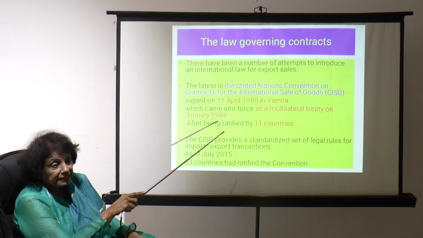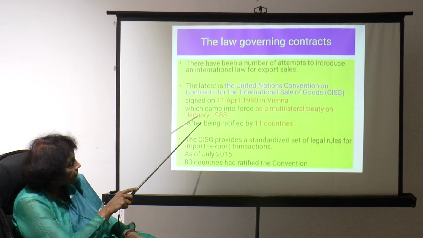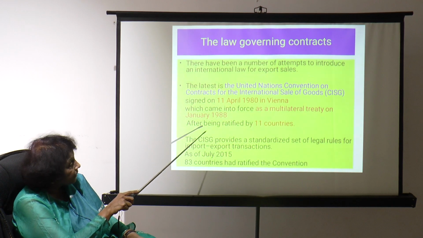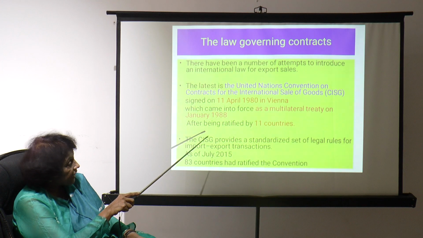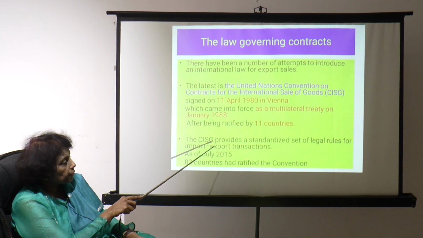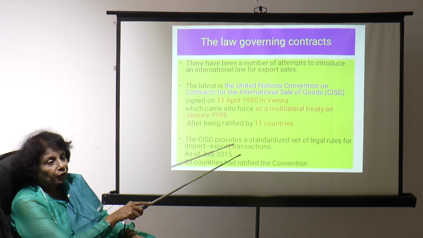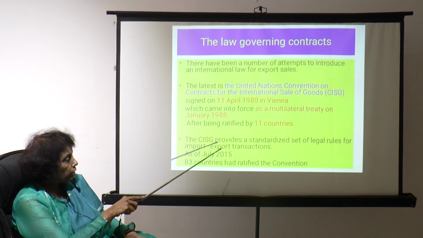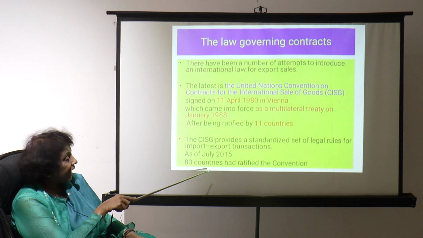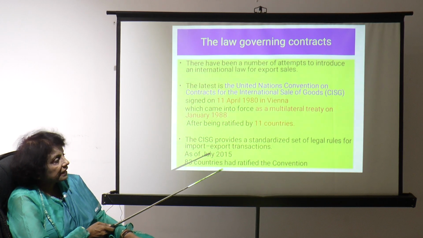This was signed on 11th April 1980 in Vienna, and it came into force on January 1988, after 8 years and after being ratified by 11 countries. The CISG provides a standardized set of legal rules for import-export transactions, and as of July 2015, 83 countries had ratified the convention.